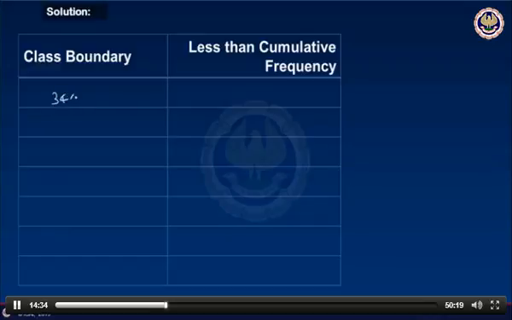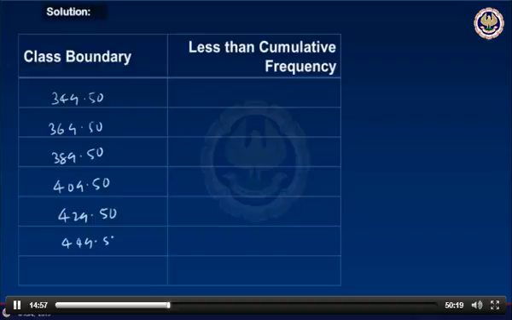That is 349.50, 369.50, 389.50, 409.50, 429.50, 449.50, 469.50, 489.50. This is the data, and we have to find the less than cumulative frequencies.